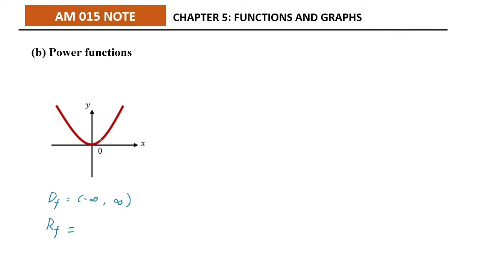There is no graph below 0. So the lowest point for this graph is 0. And then going up to infinity, so the highest point is infinity, and 0 is included as the graph will cross x equal to 0.